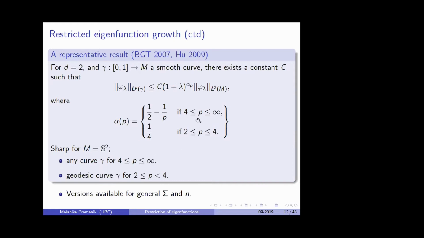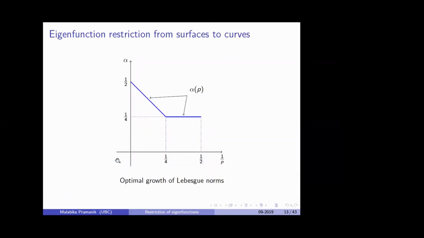For large p, any curve gamma on the two-sphere suffices to provide sharpness. In the low p regime, one needs to look at a geodesic curve on the sphere. So maybe here's a picture to show you the plot of alpha_p versus 1 over p. We'll come back to this picture again later in the talk.